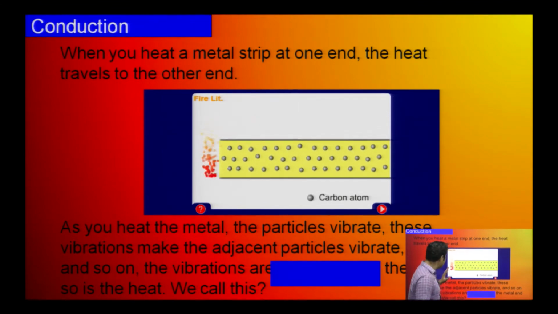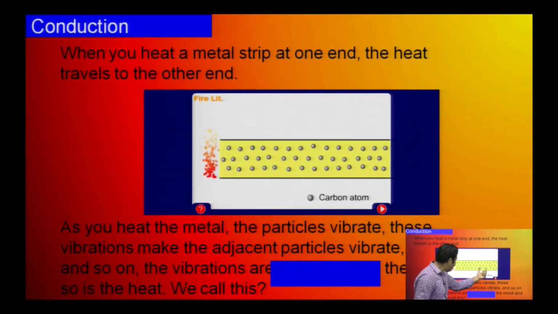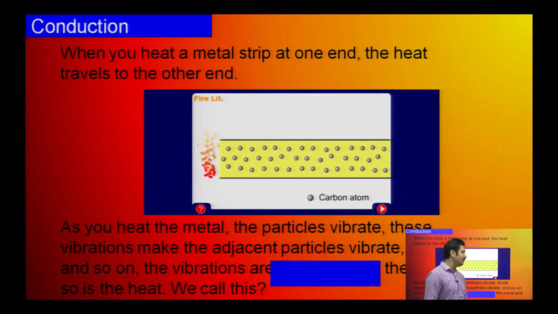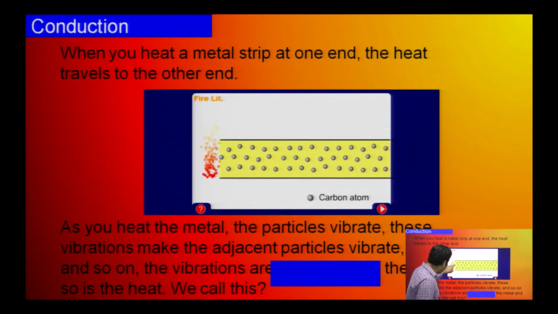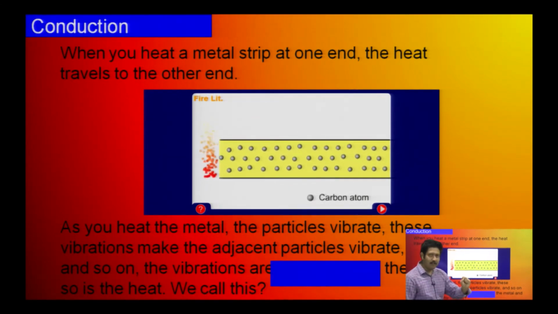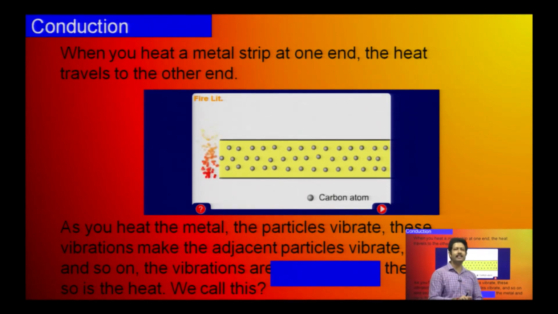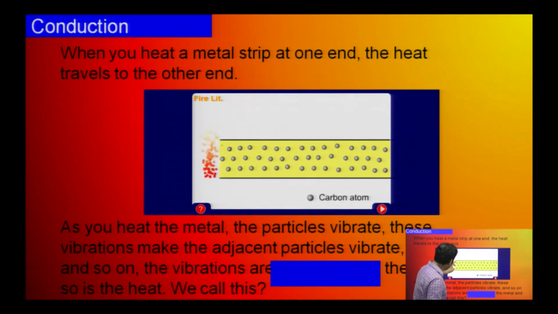Okay, so here you can see that there is a fire, and suppose this is a metallic bar and these gray balls jumping here are basically carbon atoms. When this is being heated up, the electrons are jumping from the higher shell to the lower shell, then again the heat is falling on that particular atom, and the last electron gains that energy and jumps again from this atom to this atom, and the same thing is happening from this end to this end.